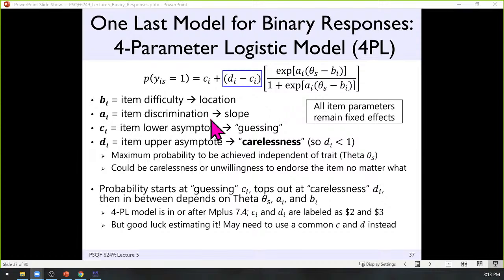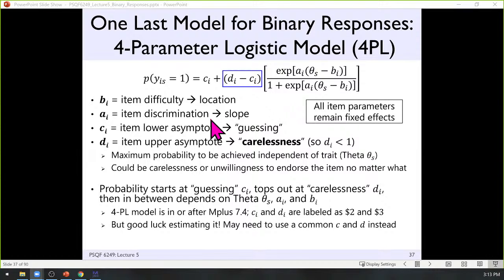And is anyone wondering how hard this is going to be to do in M+? Is anyone thinking that? Thank you for being honest if you're thinking that. I have good news for you. What if I told you it was one more line of code? I promise you, one more line. In the variable section, you say categorical R, and you put your items there.